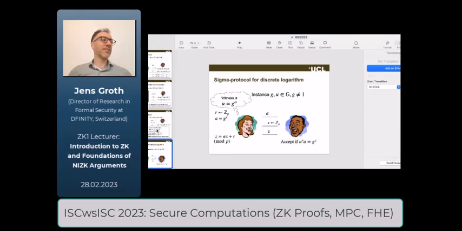Okay. Just as background for those who are listening and not familiar with mixnets: the idea is that you want to do anonymous broadcast of messages. You encrypt messages and send them to a mix server, and the mix server mixes them up and outputs them in permuted order.